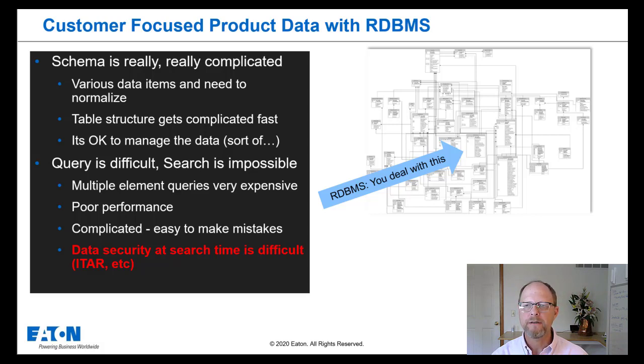The structure gets very difficult to work with very quickly. And I would say it's okay to have a structure like this to manage the data, because typically you're dealing with little bits at a time. But when you want to consume that information, the queries are difficult, and search is really impossible, I'd say. I mean, it's just not gonna happen.